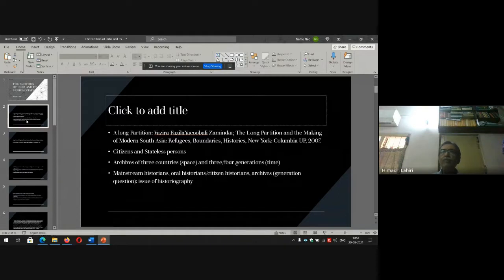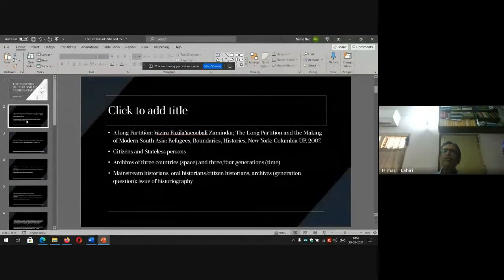And therefore, the concept of the archive is emancipated. And these are emancipated from the clutches of the powerful people, and they are distributed amongst the common people. And this is something which oral history also does to a certain extent.